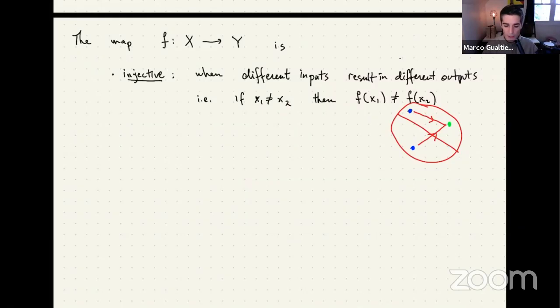So when you guys send emails to all of us, you typically send it to me. So this is non-injective. In order to have an injective email, it would have to be so that everyone in the class would send an email to a different person. Another case is surjective.